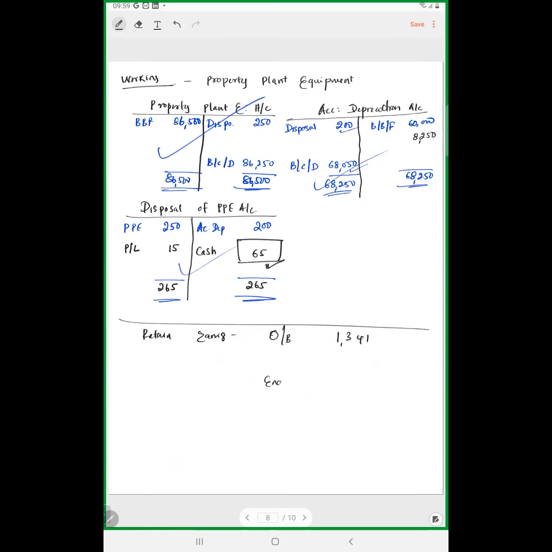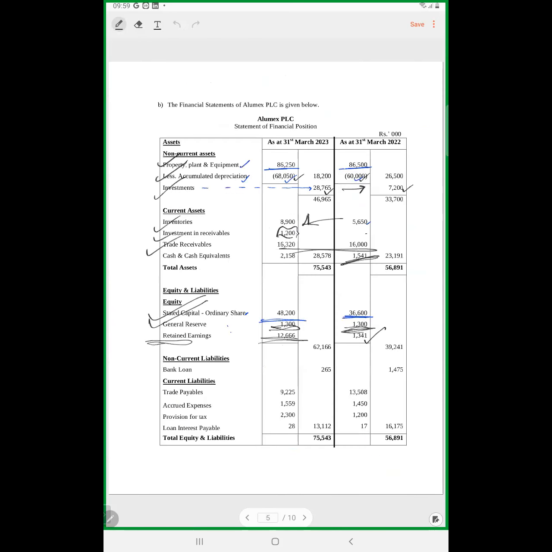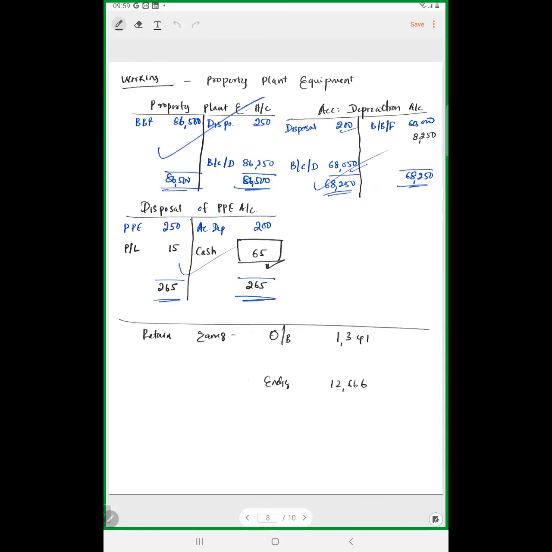So you know that. This is the opening balance and this is the ending balance.